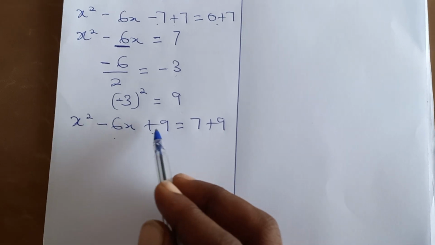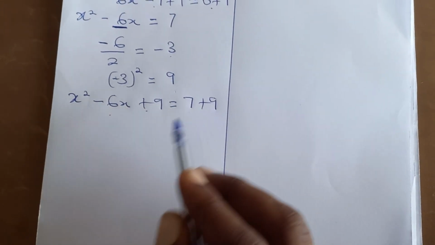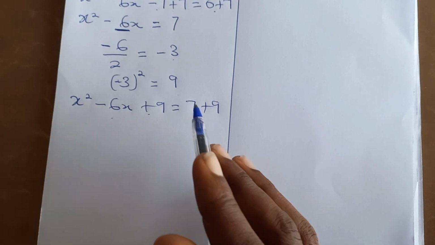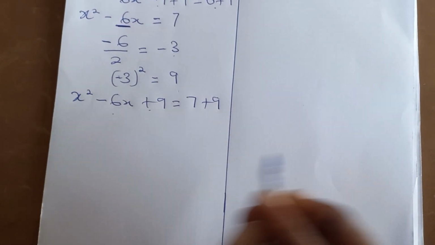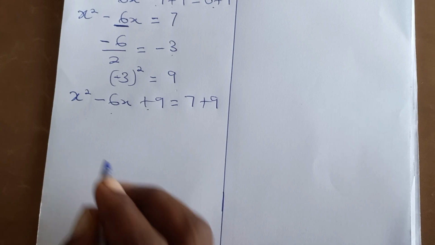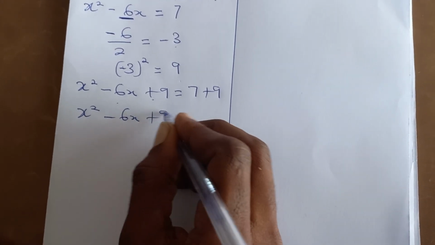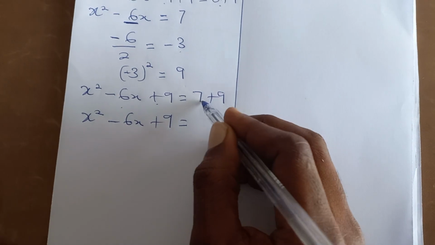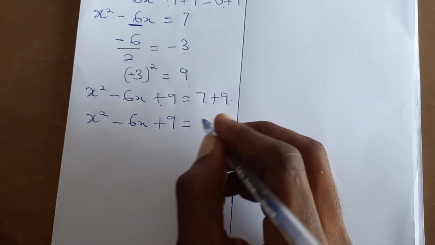A trinomial means 3 terms. Likewise, binomial means 2 terms. Good. So now, let's simplify. You're getting x squared minus 6x plus 9, which is equal to 7 plus 9, which is 16, right? Good.